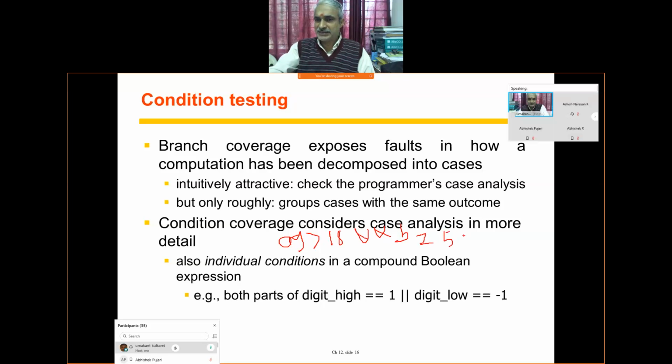Now I give an input. This is one condition, this is another condition. Are you clear?